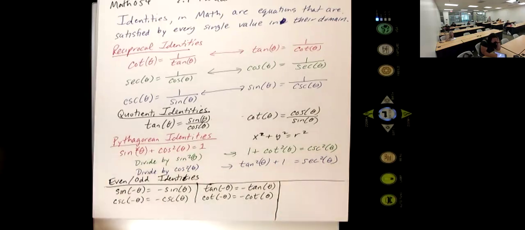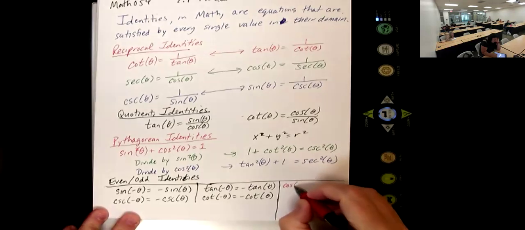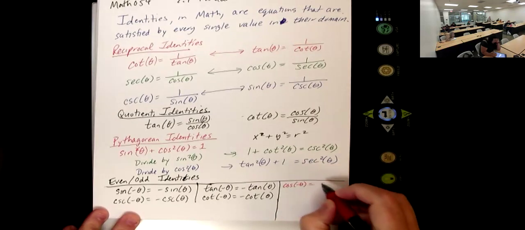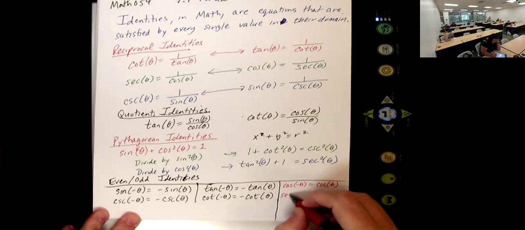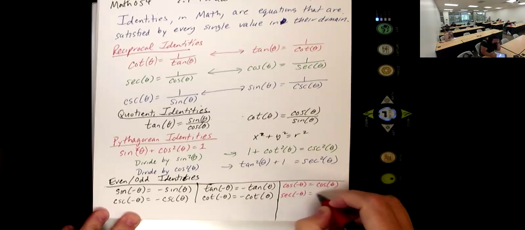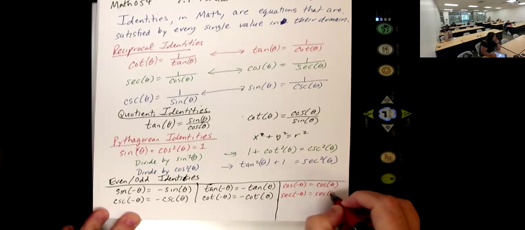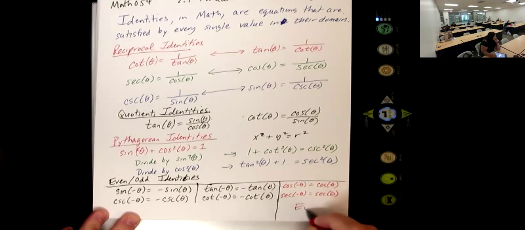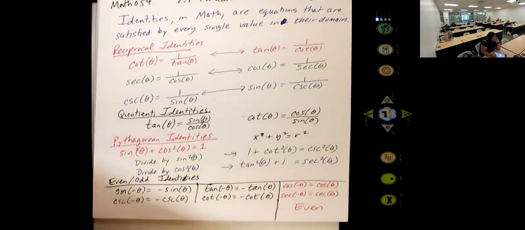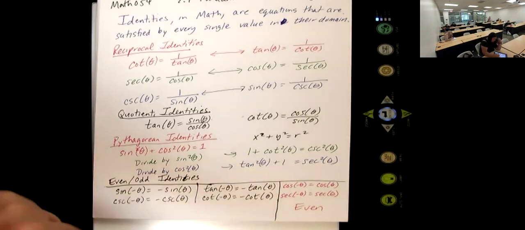Finally, cosine of negative theta is cosine of theta. And secant of negative theta is the same thing as secant of theta. So these are the even ones. These ones are the odd ones.